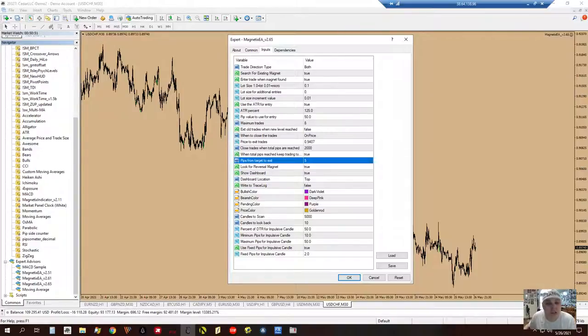It will actually just barely look like it's going to. So you want to put this because that way it'll close you. And whatever you put, so say I put 25, it's going to close me out 25 pips before it hits the magnet. And I do that on a lot of them just so that way if I'm not paying attention, I'm not worried about it. But you can also do it for your spread if you want to. But if I'm gaining 2,000 pips, I'm not worried about a 5 or 10 pip spread at all.